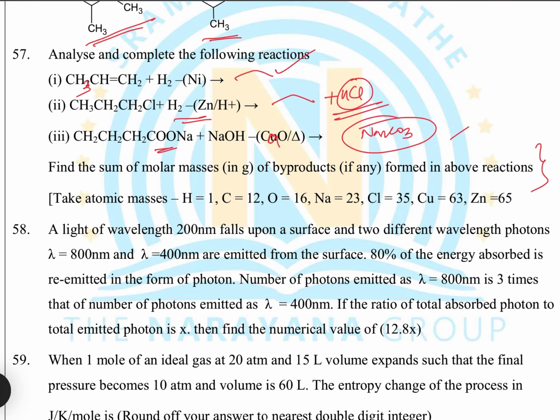This is the main product and this is again the main product. Here also you are getting the same main product, CH3, propane. Byproducts are HCl here and Na2CO3 here. And how can it be 4? So something went wrong here. So it should be byproducts. If you are taking HCl and Na2CO3, it is 106 and 36.5.